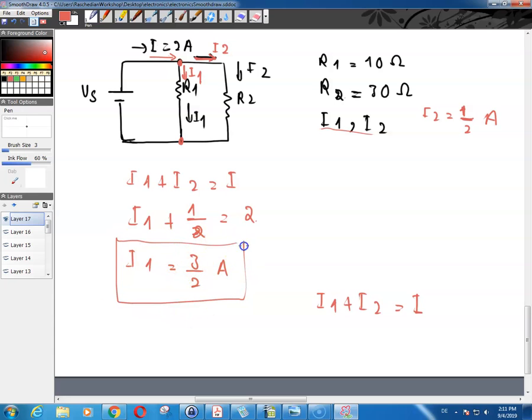So you get 1.5 amps as I1 and 1/2 amps for I2.